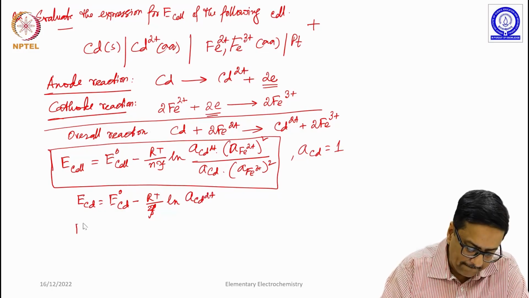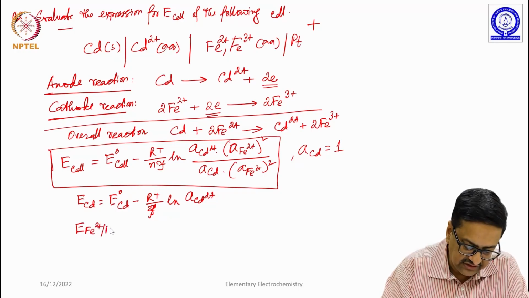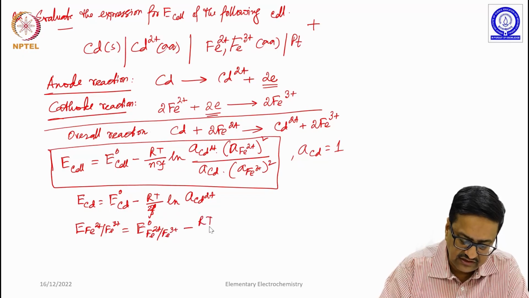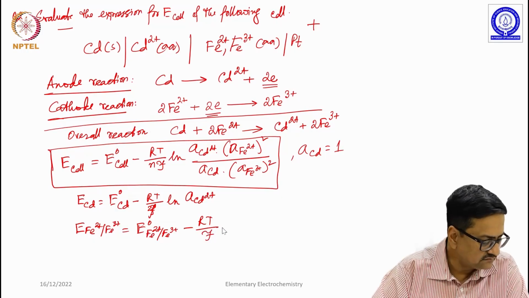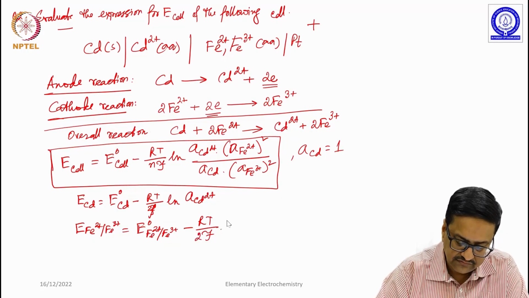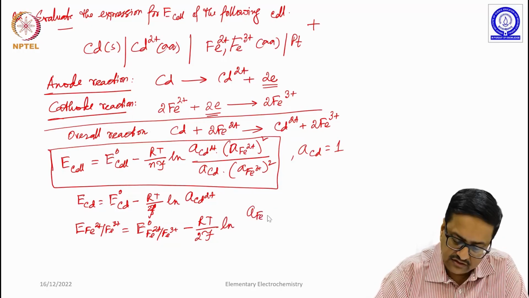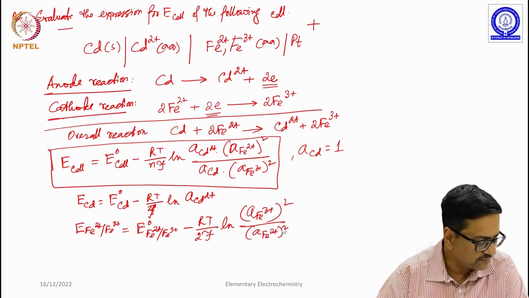Similarly, for Fe2 plus, Fe3 plus, E is E0 Fe2 plus Fe3 plus minus RT by 2F ln of the activity of Fe3 plus squared divided by the activity of Fe2 plus whole squared.